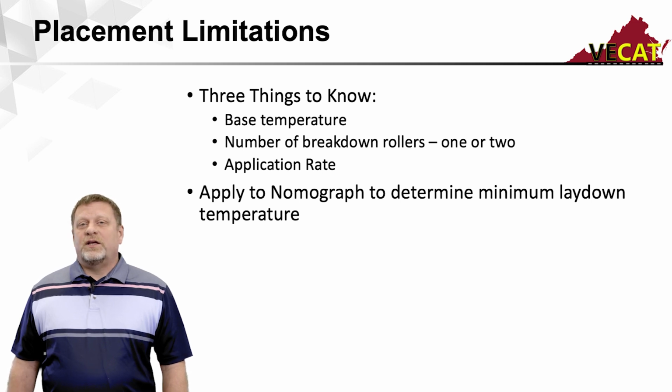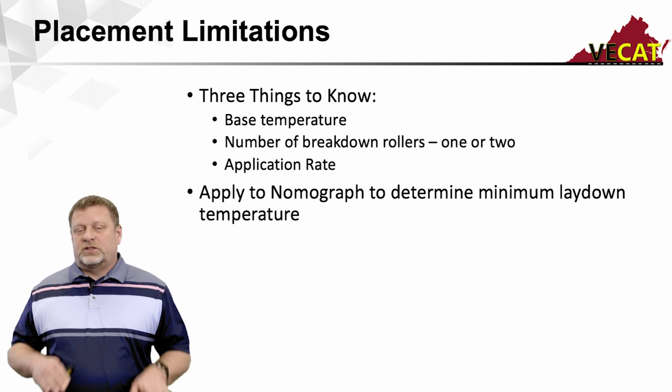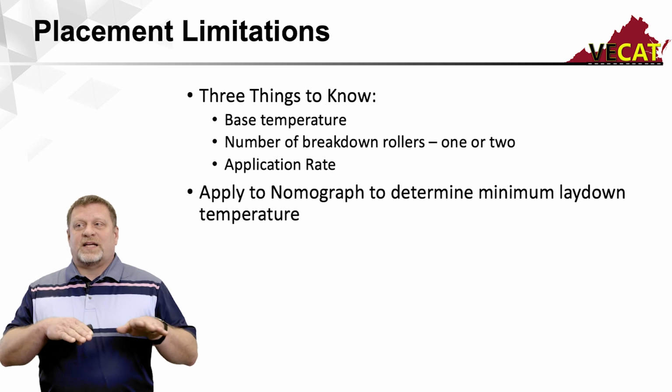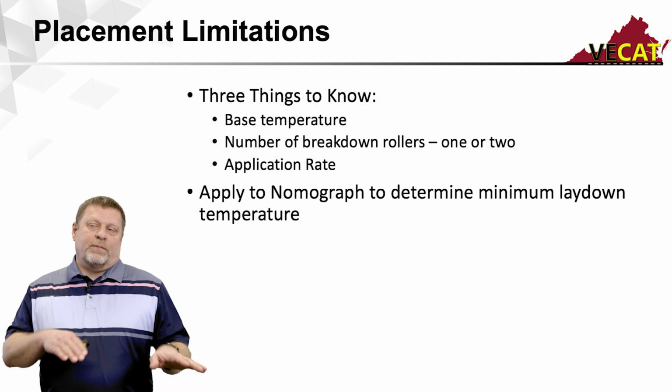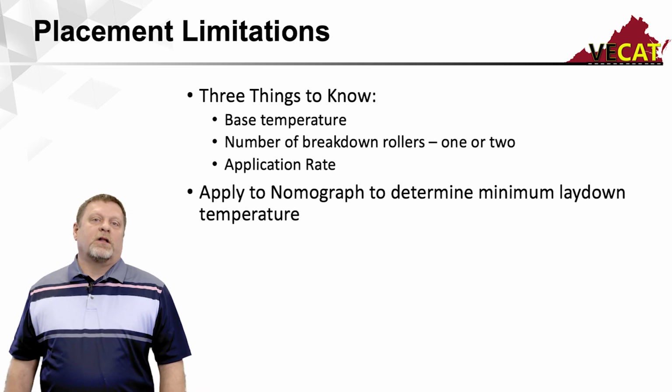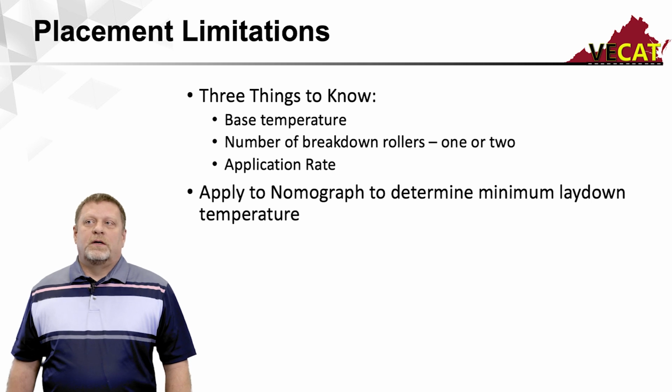When I say you'd have two breakdown rollers, I mean you're using two rollers side by side, working in tandem, basically following each other very closely. That would allow you a different time, as you'll see as we go forward with this nomograph.